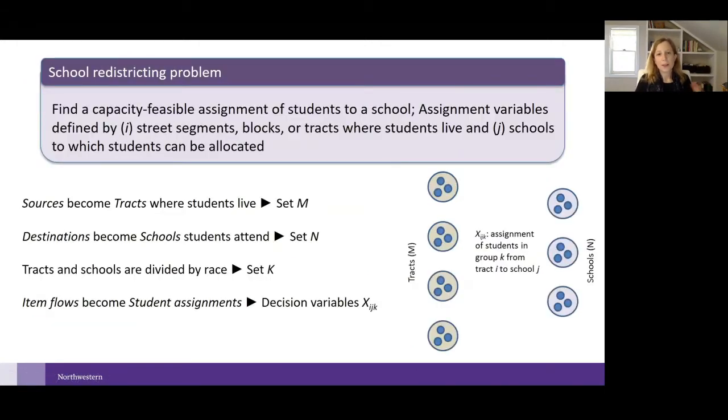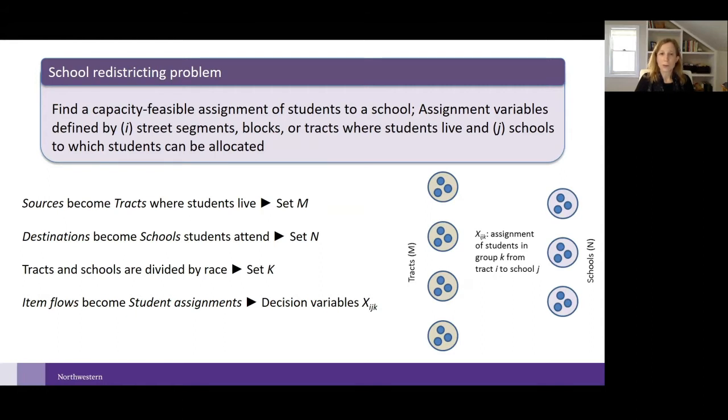So as you can imagine, thinking about the transportation problem to move items from supply to demand and the political districting to create districts that are compact naturally led operations researchers to think about the applications of these problems to school redistricting.